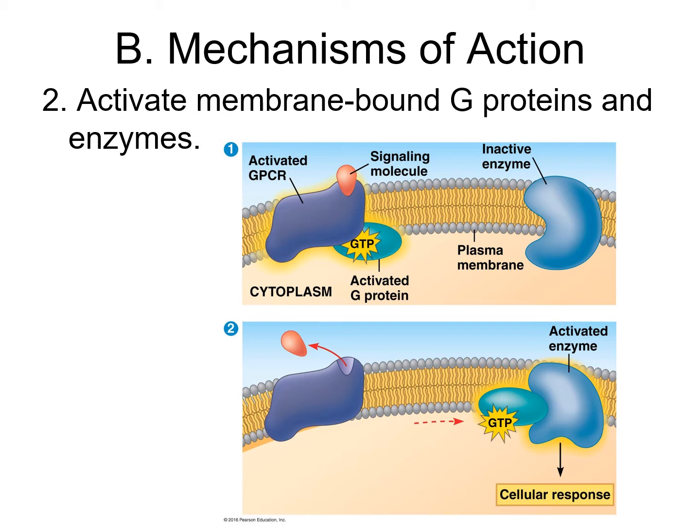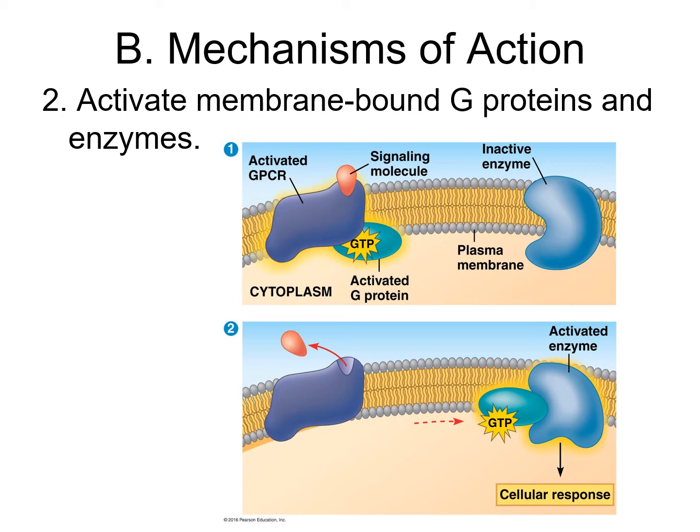It binds to its receptor. The receptor is a protein that in turn activates a molecule called a G protein. And there may actually be a complex of G proteins. So the binding of the hormone activates this G protein.